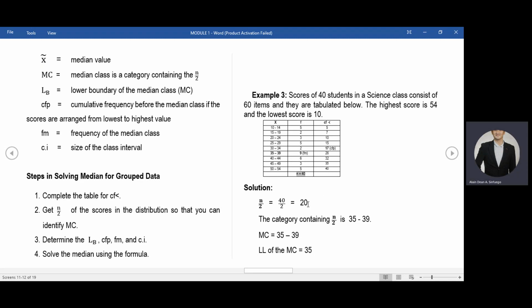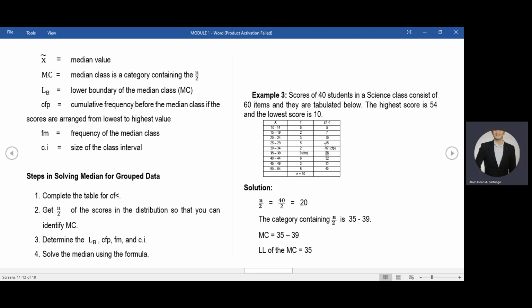If you take a look at the CFP column, in the fourth interval, it is only up until 15. Then the fifth interval and sixth. Which means that the 17th data value is located here, and the next group started with the 26th data value.